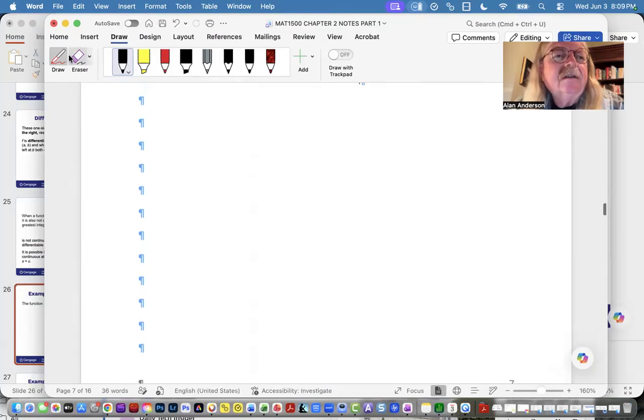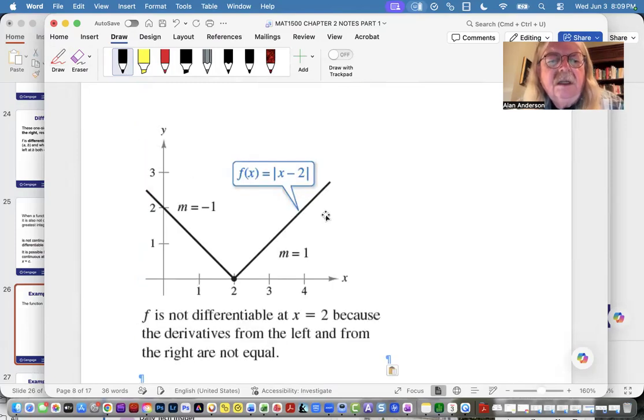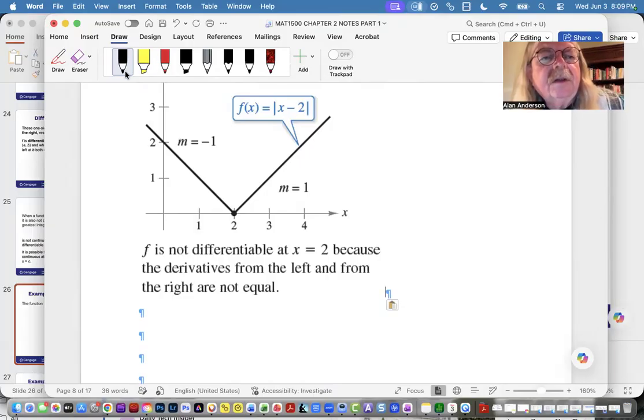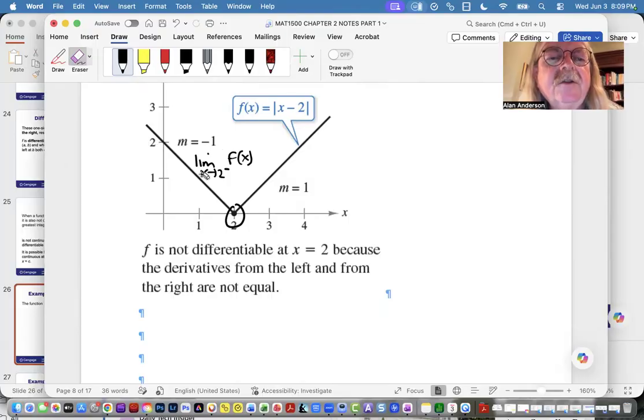It's a very strange case, because the derivative from the left-hand side, remember the derivative is the slope, and over here, it would be positive 1.